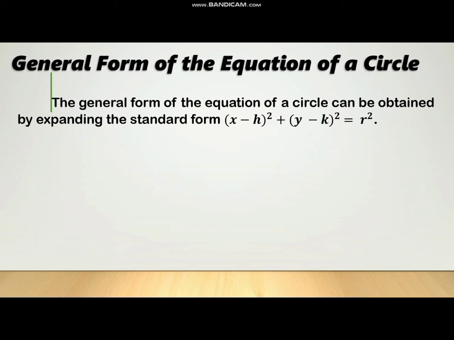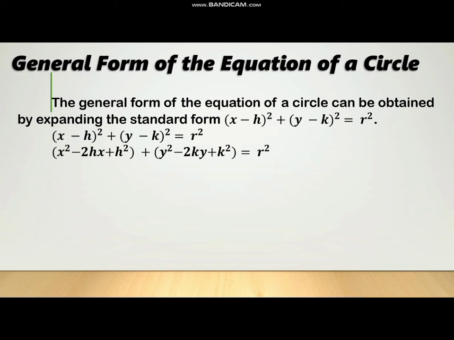The square of x minus h, the square of a binomial, is equal to x squared minus 2hx plus h squared. The other one, the square of y minus k, if you expand it, is equal to y squared minus 2ky plus k squared. It is equal to r squared.